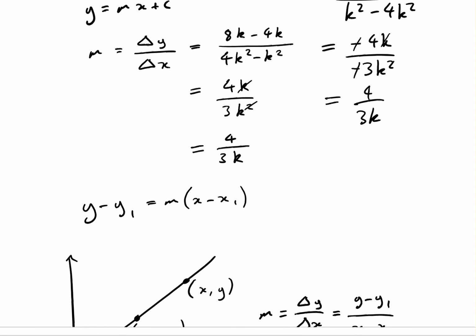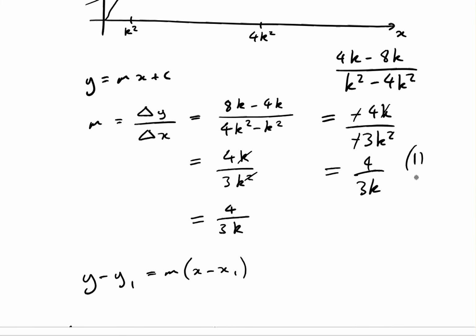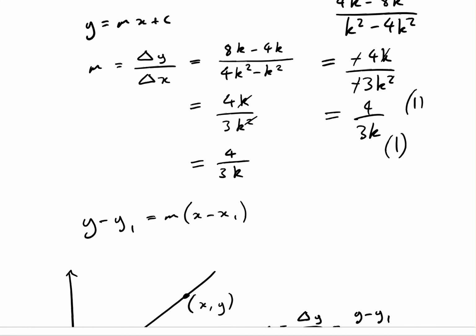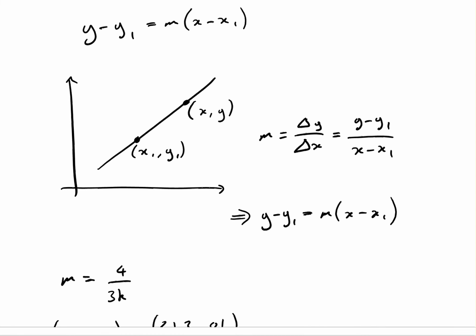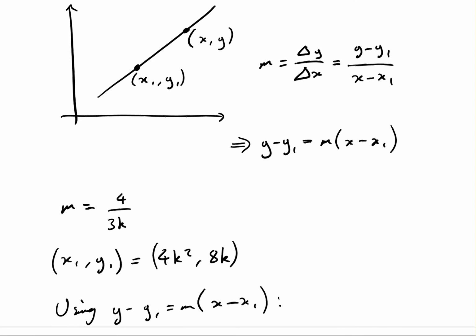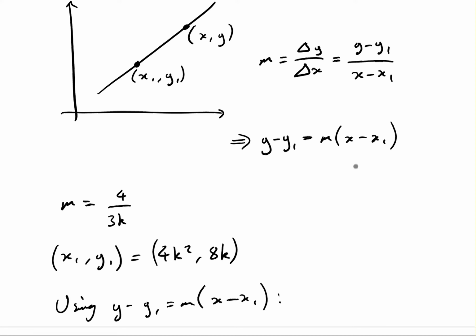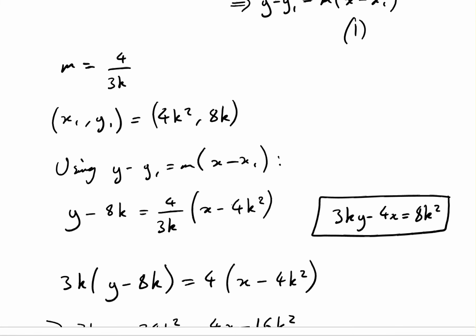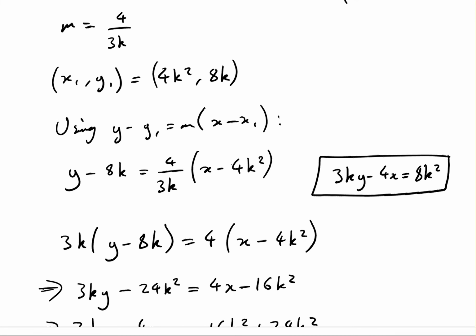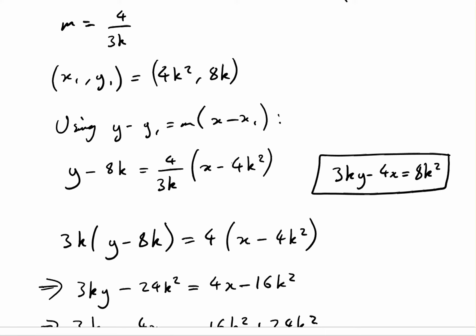So you get 1 mark for showing that you know how to use the gradient. You get 1 mark for actually getting the answer in terms of k. Or do you? No, you don't. You get 1 mark for showing that you know how to do the gradient. You then get another mark for showing that you know this method, you know how to use y minus y1 equals m times x minus x1. So this thing down here. And then you get another mark for actually getting the correct equation.